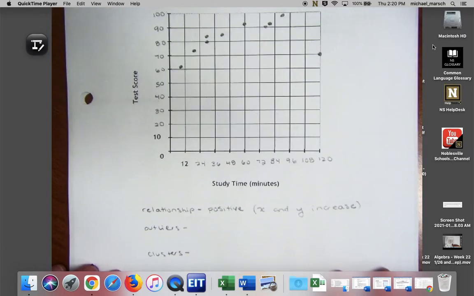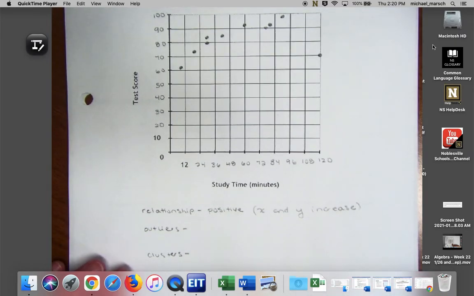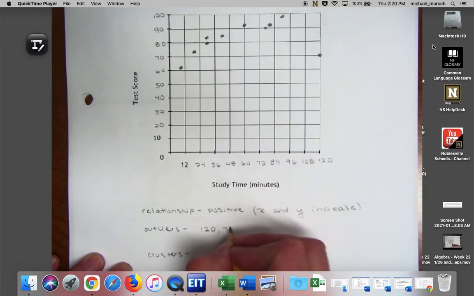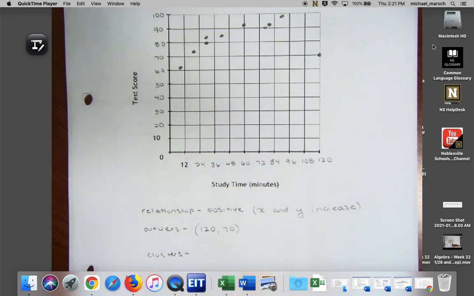All right, what about outliers? Yeah, 120 minutes studying, 70 on the test. So this is when I would ask that student, tell me how you studied. Because I'd be a little concerned. Were they focused all the time? Were they watching TikToks? Were they checking their Snapchat?